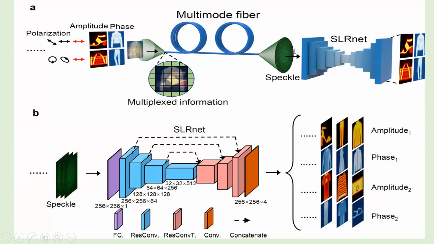This speckle output is the one that really does the demultiplexing. The signals that are demultiplexed are superimposed onto this SLNet. SLNet is the deep learning neural network that helps to perform operations on the demultiplexed light fields.